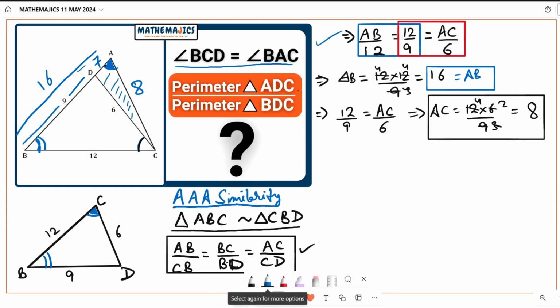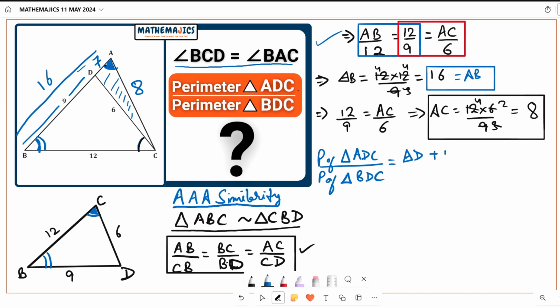We need to find the ratio of the perimeter of triangle ADC over the perimeter of triangle BDC. So the perimeter of triangle ADC is AD plus DC plus AC.